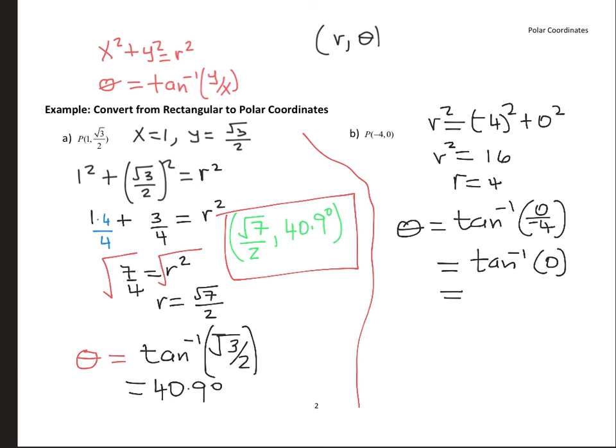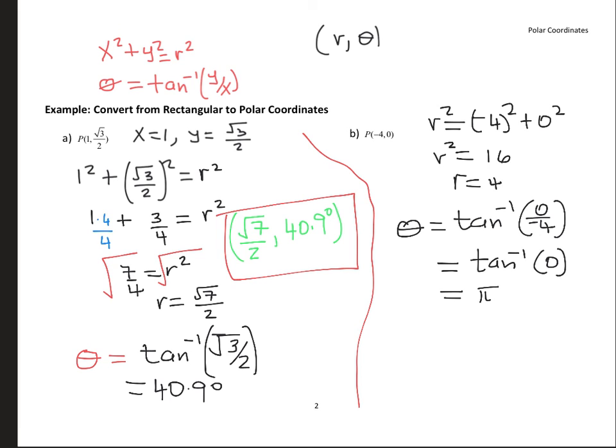Remember, when you put it in the calculator, you're going to get a 0. But just think of it, it's negative. The radius is 4. The point was at negative 4. So it cannot be 0. So it's either 0 or 180 degrees, 2 pi or pi. And this has to be 180 degrees because it's on the other side, negative 4, 0. So it's going to be pi or 180 degrees.